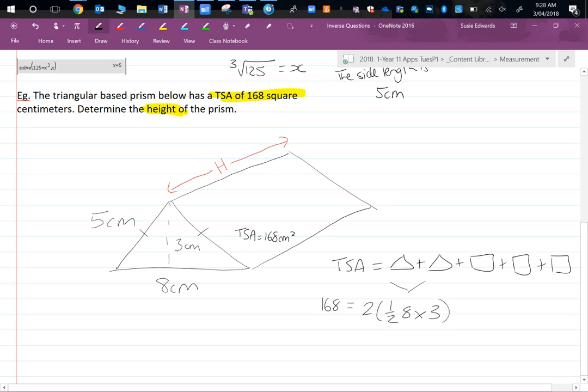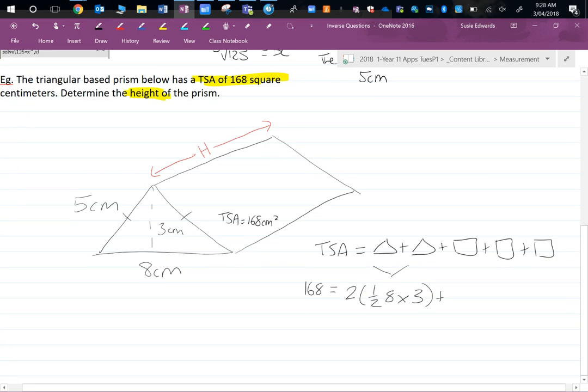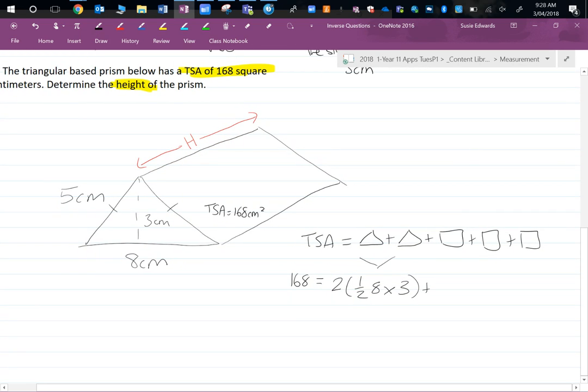How do we find each of the rectangles? If you get stuck, draw it out. So one side's going to be 5, one side's going to be 3, and one side's going to be 8 for each of them. What's the other side going to be?